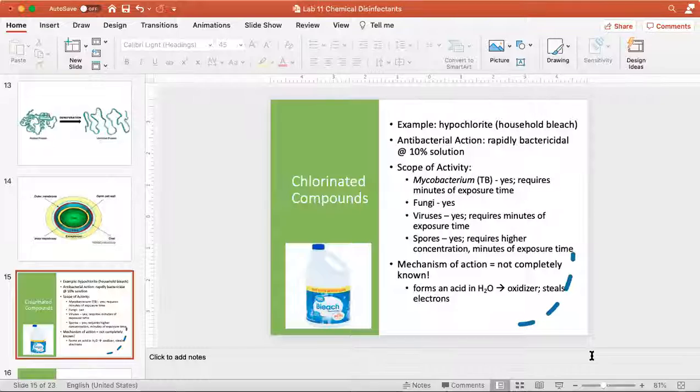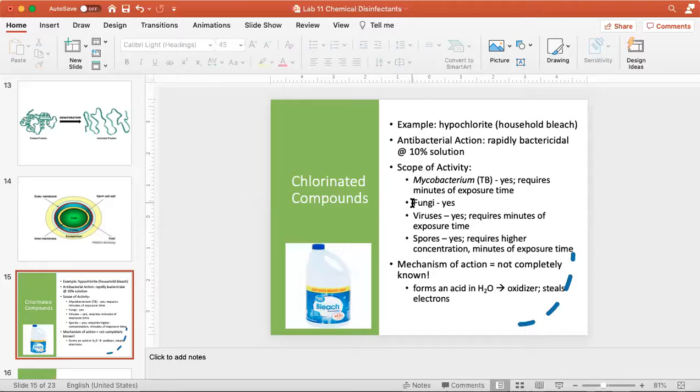You have to let it sit for minutes and minutes if you're trying to kill TB. That could be a bit of a drawback depending on the institution you're in and whether you're trying to get your disinfecting done quickly. So that's certainly a limitation of bleach compared to alcohol.